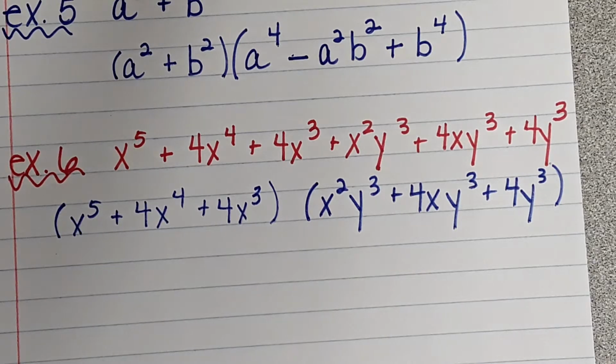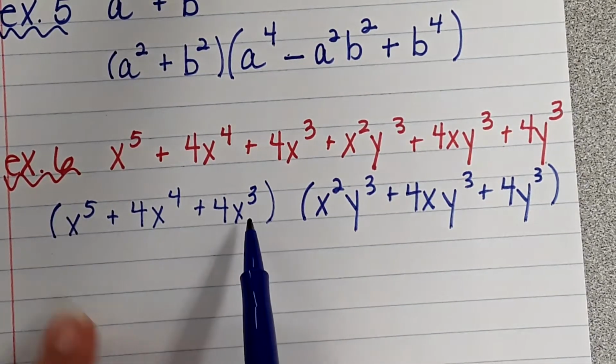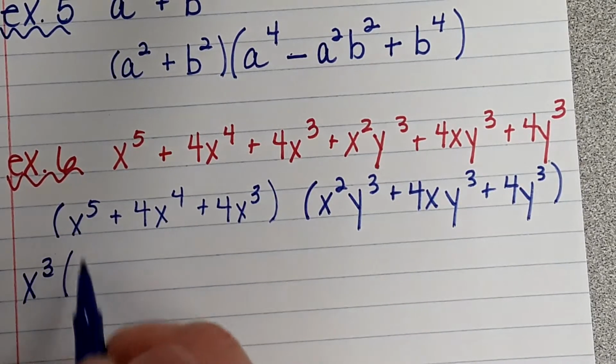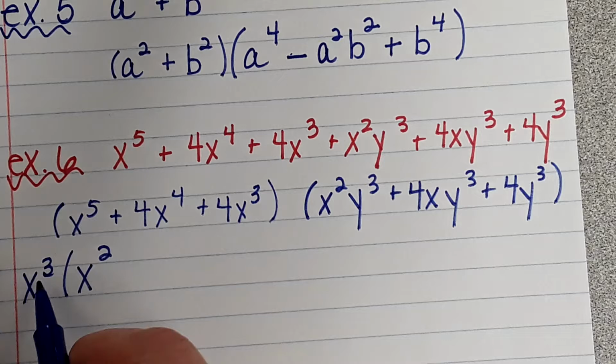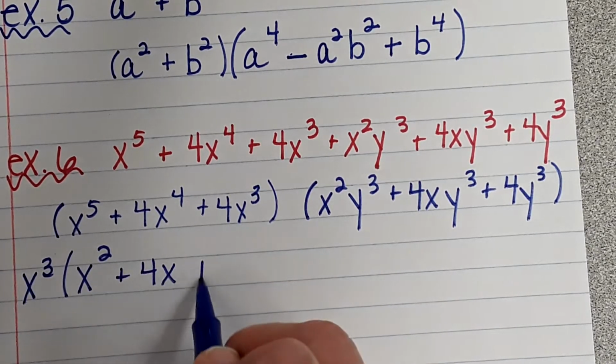Now, what do the first 3 terms have in common? X. So we're going to pull out an X. How many X's do they have in common? What's the smallest exponent? So we're going to pull out an x to the 3rd, which leaves me with x squared, because x to the 3rd times x squared is x to the 5th, plus 4x plus 4.